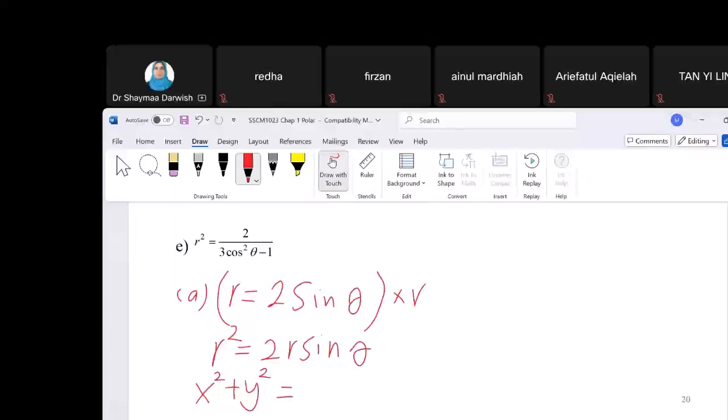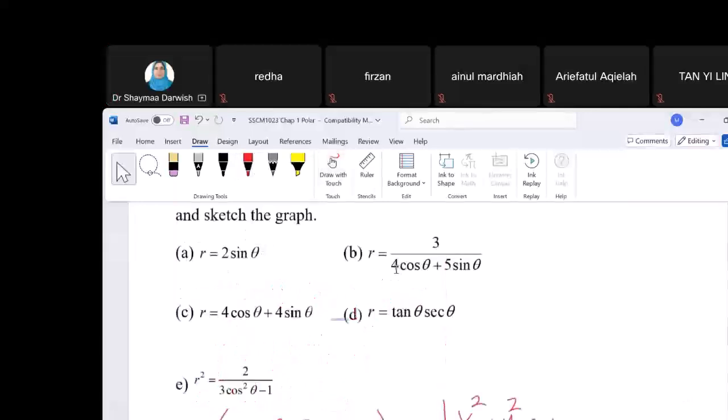And r sin theta is y, so 2 r sin theta is 2y. So now I have a Cartesian equation. X square plus y square is 2y. You can stop here.